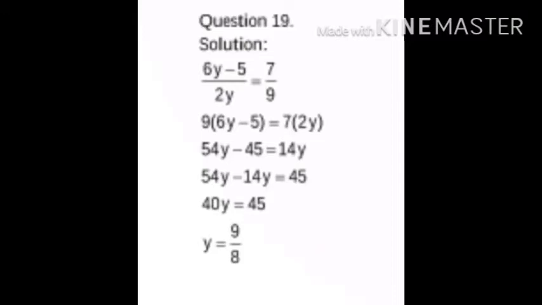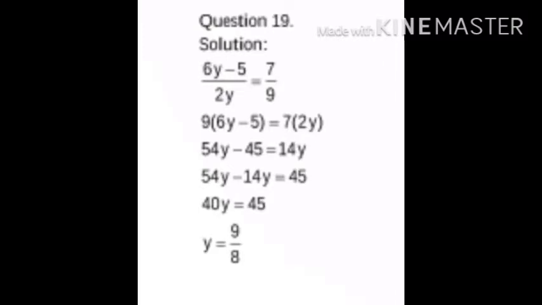(6y minus 5)/2y is equal to 7/9. You just cross multiply it, which implies 9(6y minus 5) is equal to 7(2y), which implies 54y minus 45 is equal to 14y.